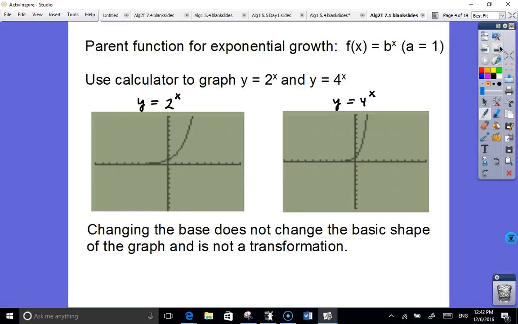So if you get a function which is 2 to the x or 4 to the x, those aren't transformations, right? The parent function is b to the x. You've got to fill in something. So you wouldn't say that's a stretch by a factor of 2. It's not. That's part of the function. You've got to put something in there.